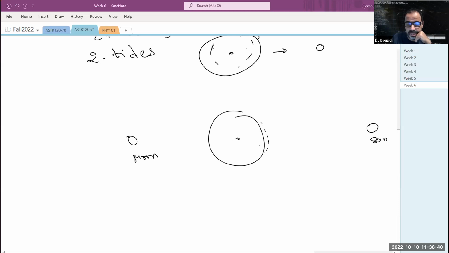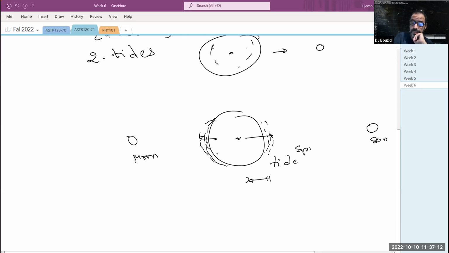So the sun is pulling, this side is reacting. So there is a bigger tide, and also this side is pulling from the moon. So the moon is pulling, and this side also is reacting to the sun. I'm exaggerating a little bit here, okay? The sun's effect is a lot smaller than the moon's effect. The moon's effect is a lot bigger because it's closer. But the point being, you have the tide that becomes bigger.